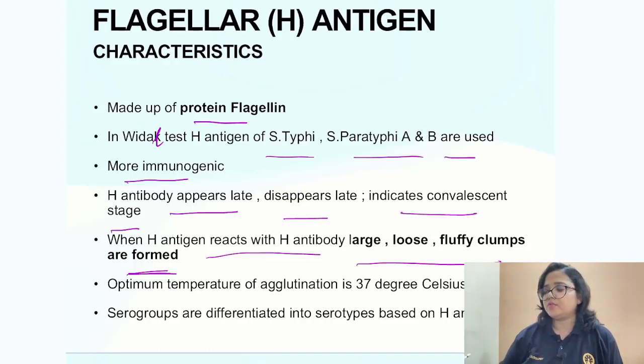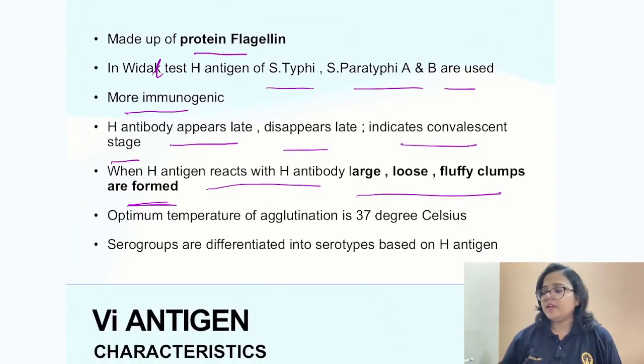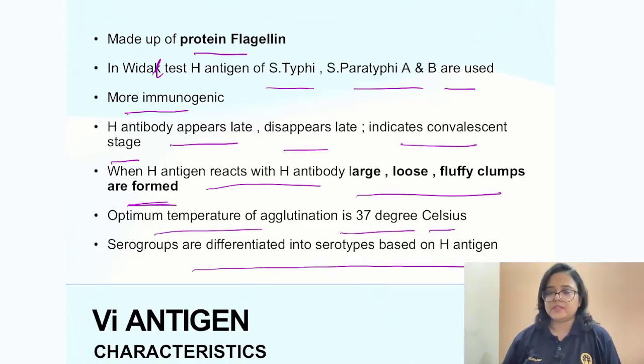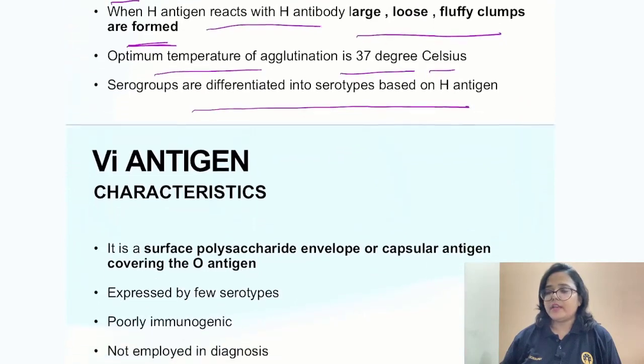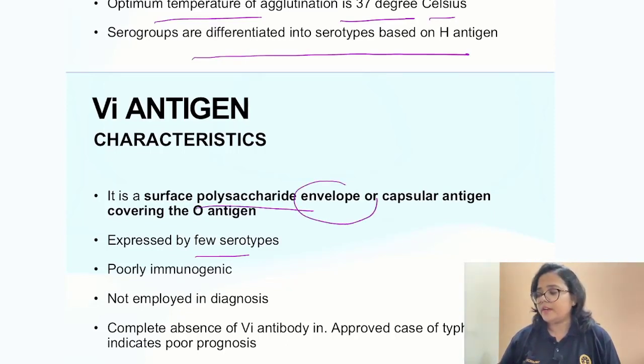Here, the optimum temperature of agglutination is 37 degrees Celsius, and serogroups are differentiated into serotypes based on the H antigen. Next is the Vi antigen. It is present in only a few serotypes and it is a surface polysaccharide envelope or capsular antigen.